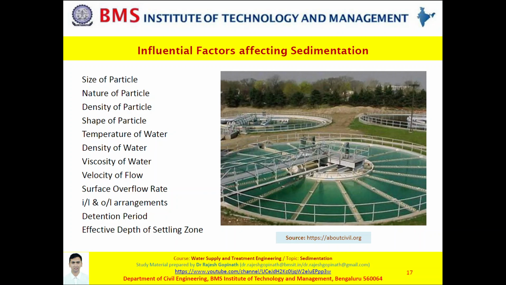Okay, if I may summarize these, then I may say that the factors which influence sedimentation include the size, shape, density and nature of the particle. When it comes to the water, its viscosity, density and temperature. For instance, if the water is warm, there will be good settling. If the water is less viscous, there would obviously be good settling.